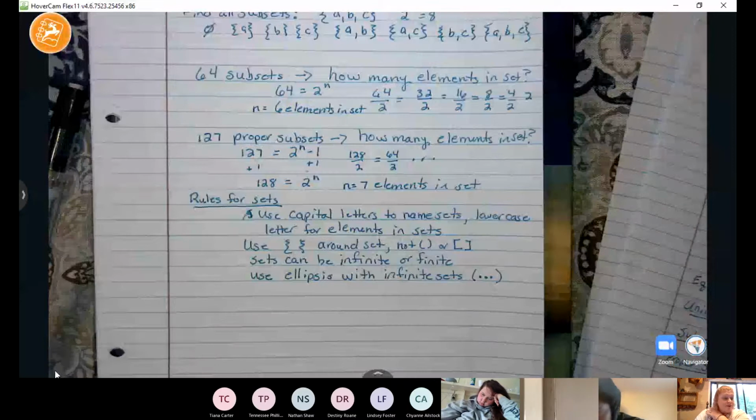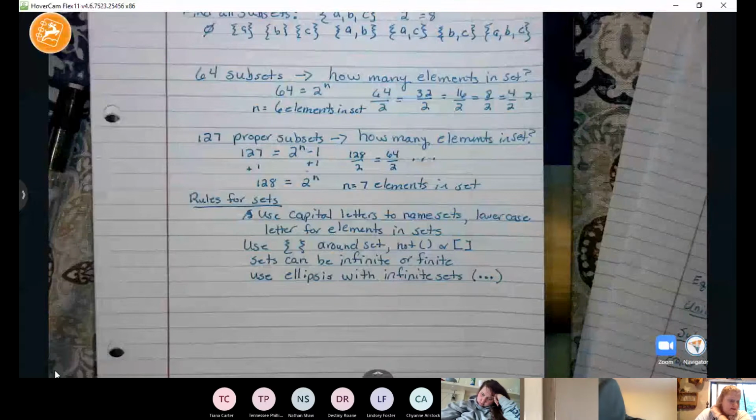Be sure you're using the 3 dots, the ellipse, when you're trying to show the infinite set. That should be included in your set.